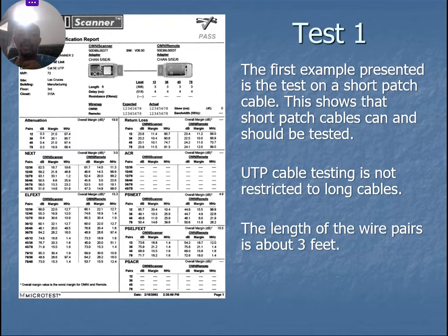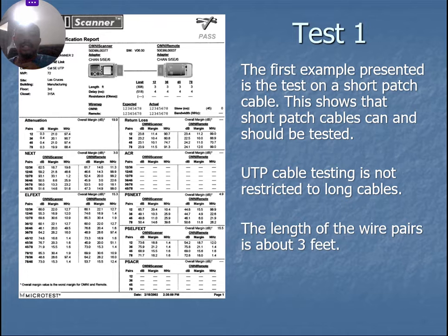The length of the wire pairs is about 3 inches, from where you put your modular plug to where you clip it. That short part matters because your near end crosstalk is happening at that point.